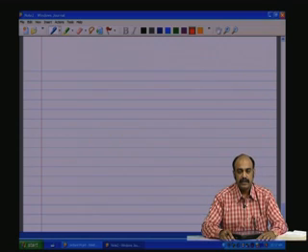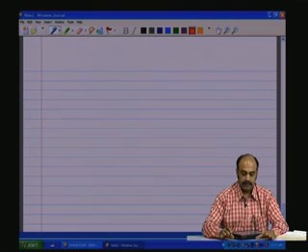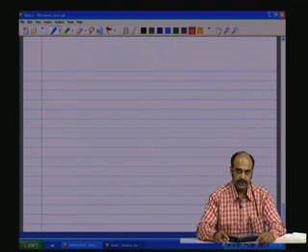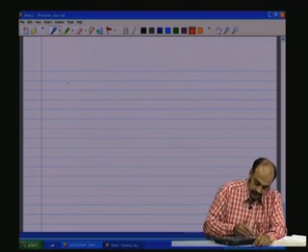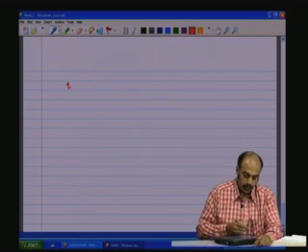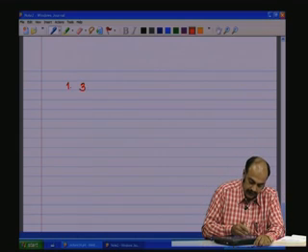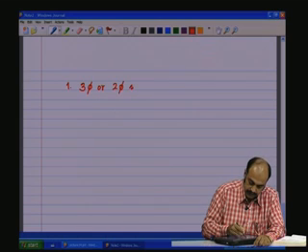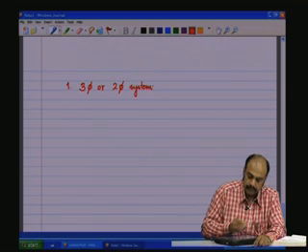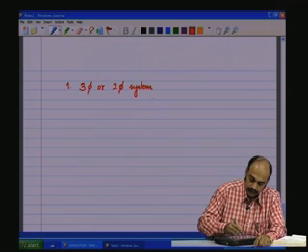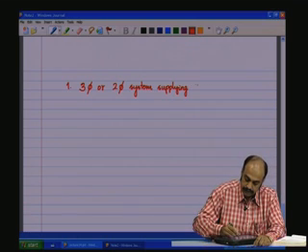The rotating magnetic field is generated by a combination of constraints that are applied. One is, we need to have, let us say, a 3-phase or 2-phase system supplying the voltage or current.